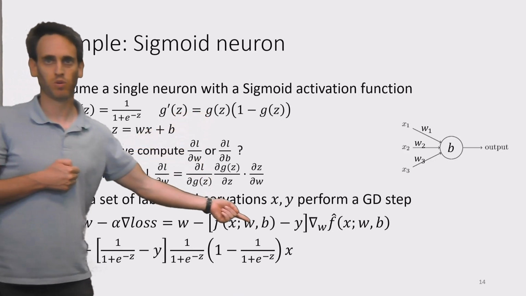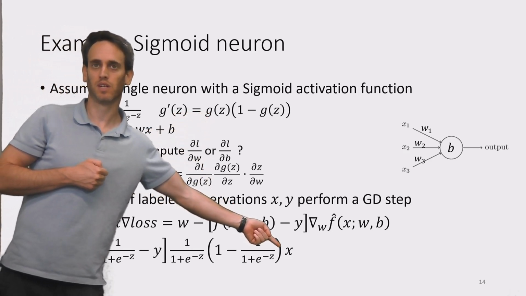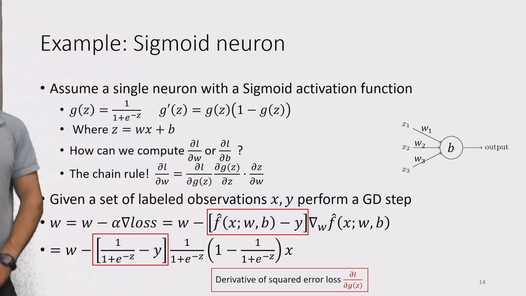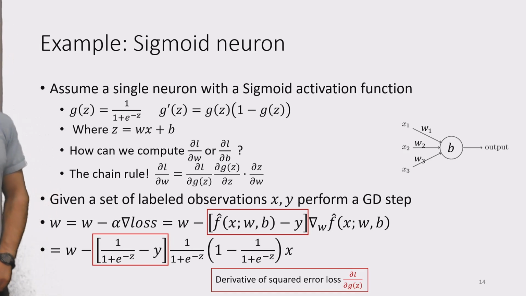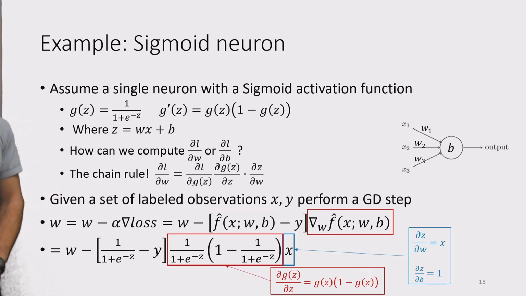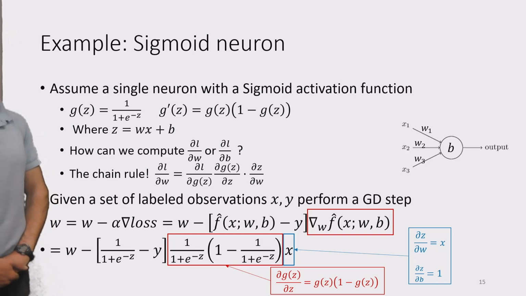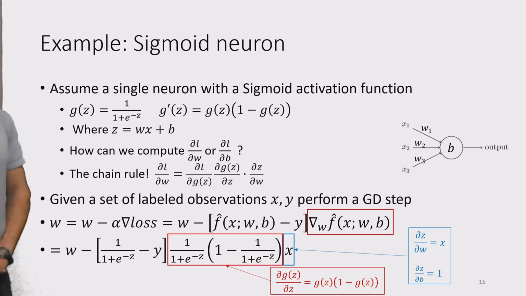And finally, we multiply that by the derivative in our linear approximator. Right, so this is exactly what we have here. This portion is the derivative of the squared error loss. This portion in red is the derivative of the sigmoid function, and the blue is the derivative of our linear approximator. That can be either x if we would like to compute the derivative for w's, or it can be 1 if we're computing the derivative for the bias term.